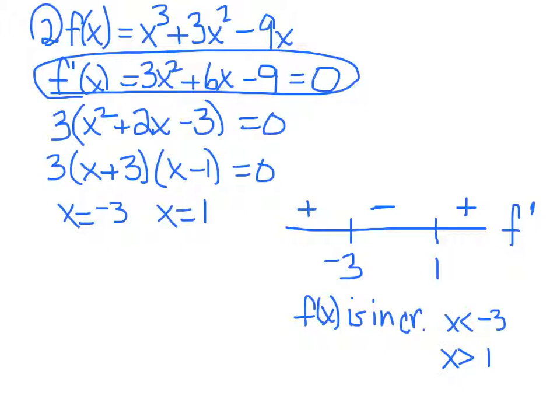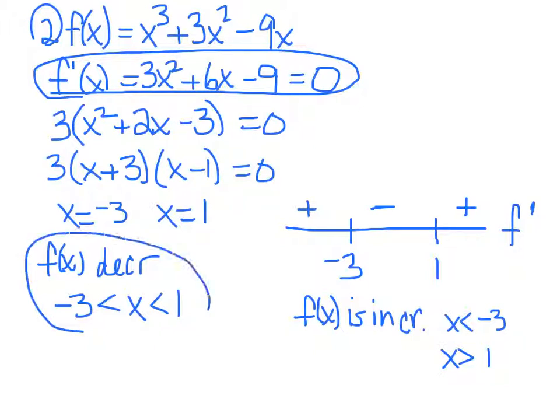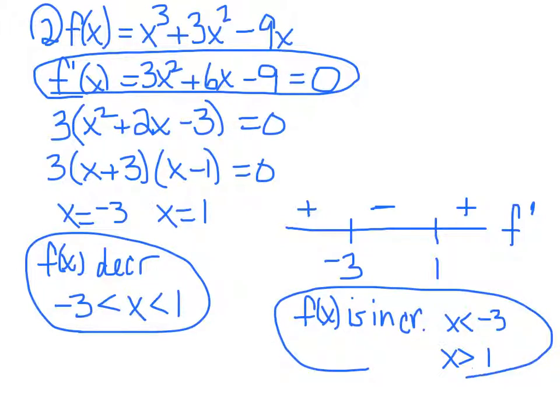Next thing you should notice is that f of x will be decreasing when x is between -3 and +1, because the derivative is negative. If the derivative is negative, the function is decreasing. If the derivative is positive, then the function is increasing.